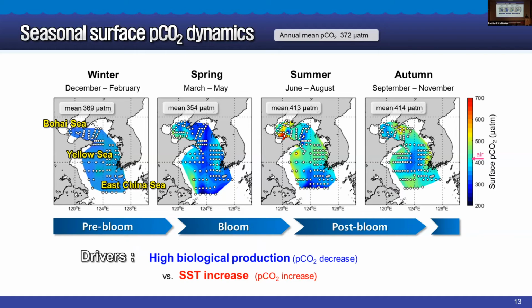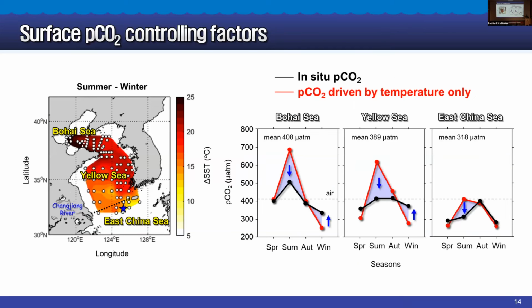There are two processes that can change the surface water pCO2 over the seasons. One is probably very high production of organic matter, and the other is temperature increase. I'd like to evaluate the relative contribution of these two factors to surface pCO2 dynamics. Here is a very typical surface pCO2 change shown in black.